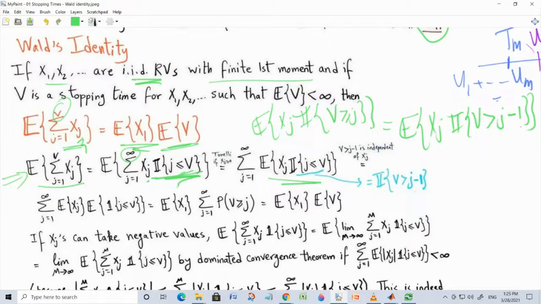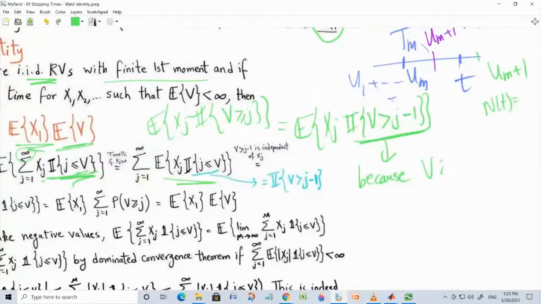We are saying that V is a stopping time with respect to X1, X2, and so on.